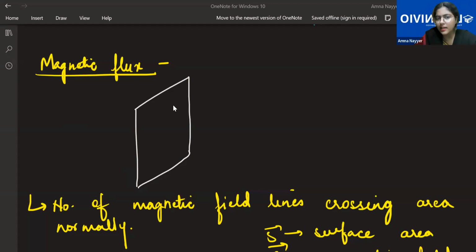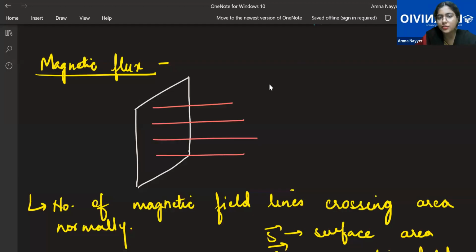So magnetic flux is what? Similar to your electric flux as it is. See, if I have multiple magnetic field lines crossing a surface perpendicularly, many field lines like this, lots of different field lines are moving. Which of them will be perpendicular to the plane?